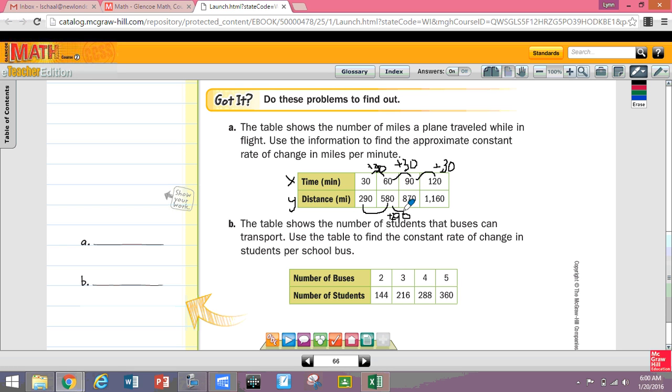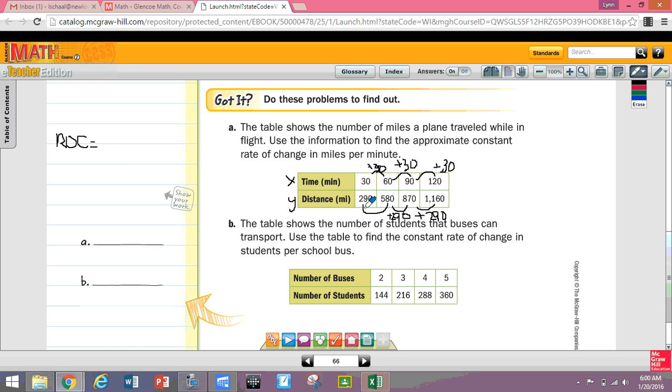What did I do to 580 to get it to be 870? I added 290. And what did I do to 870 to get it to be 1,160? I added 290. So to determine your rate of change, your rate of change is going to equal your change in y over your change in x.